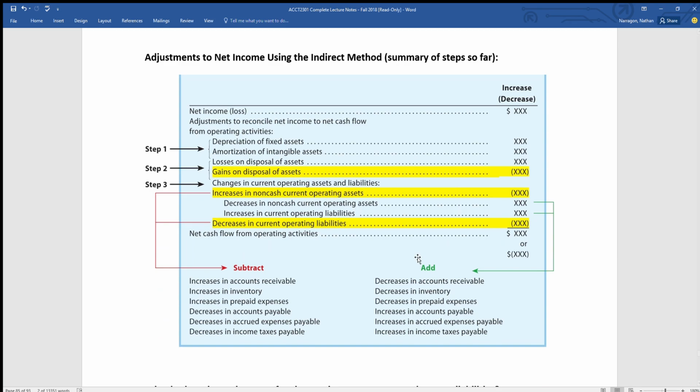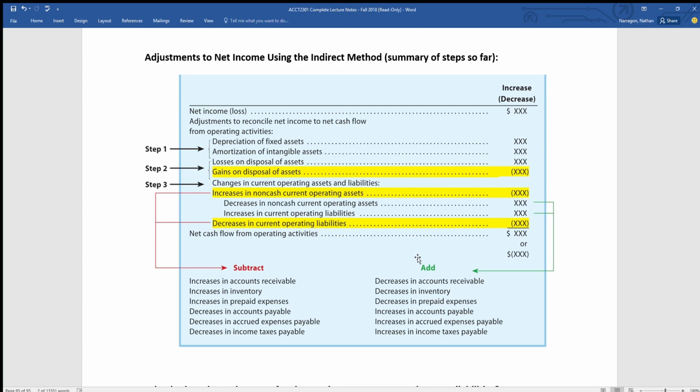Here we go. This is the adjustments to net income using the indirect method. This is our little graphic. This is where all the numbers actually come in, and a good way to also see what we subtract and what we add back. First off, again, we start with our net income. We're going to do any adjustments starting off first again with the income statement.